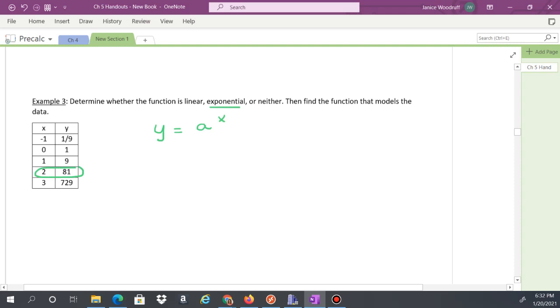So y is 81. You need to find a, and then your x is 2. So what squared equals 81? Yep, that's 9. And if you can't find it, then you would just take the square root. And you would say that 9 equals a. So then the equation for this function is going to be y equals 9 to the x.